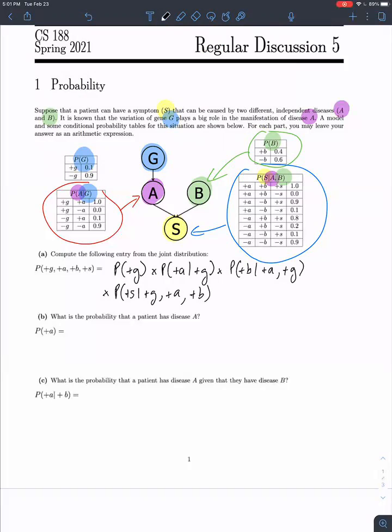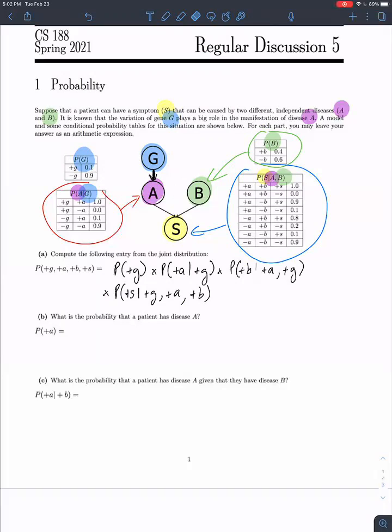What this graph is telling us is that some of these terms we can simplify because there's independence. Because A only has an arrow from G, we can't simplify the probability of G further. The probability of A given G, well, A has an arrow coming down to it from G, so we can't simplify that. But for B given A and G, there are no arrows going from G to B or A to B, right? These don't exist. They aren't there.